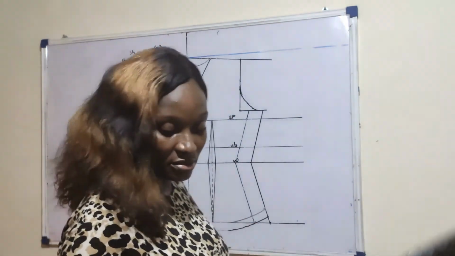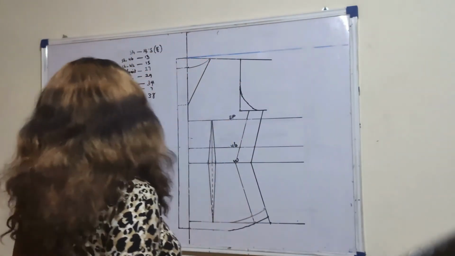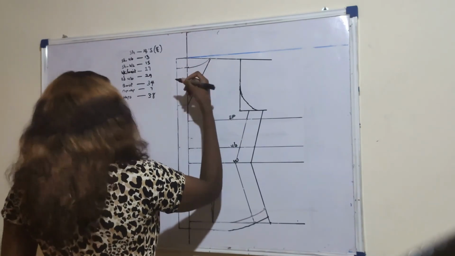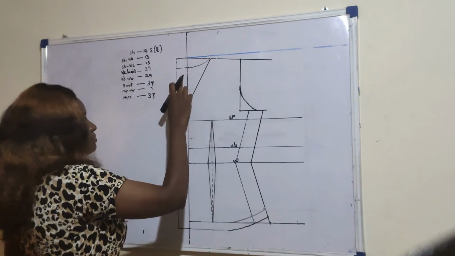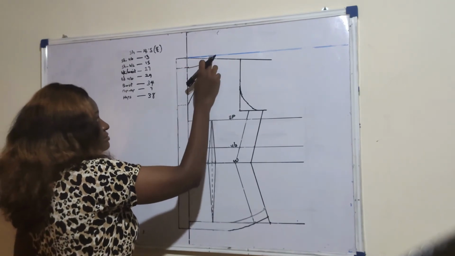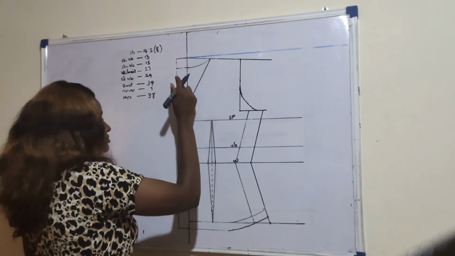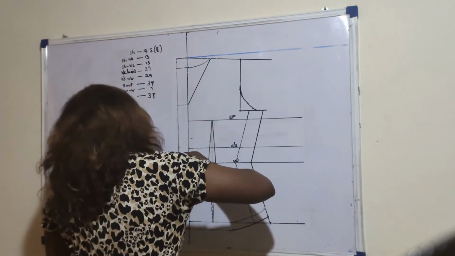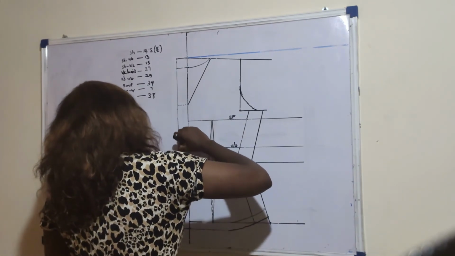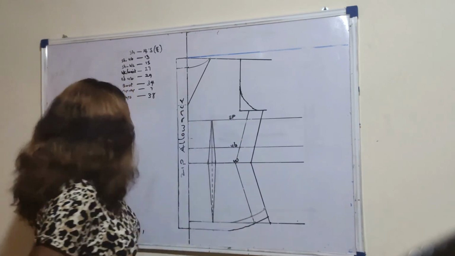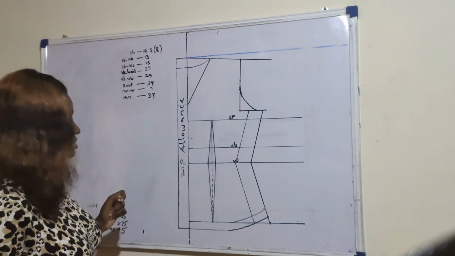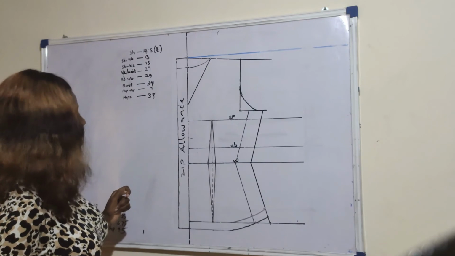You can use your free hand or use your palm to get this. So this is the back bodice, and the allowance. Allowance for back bodice.